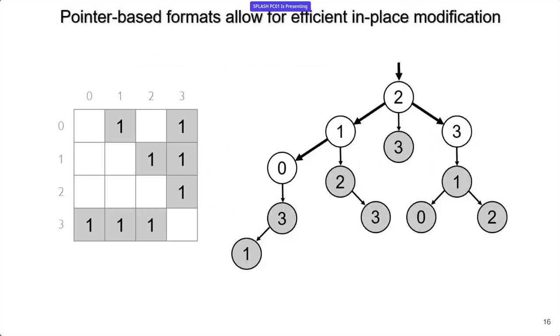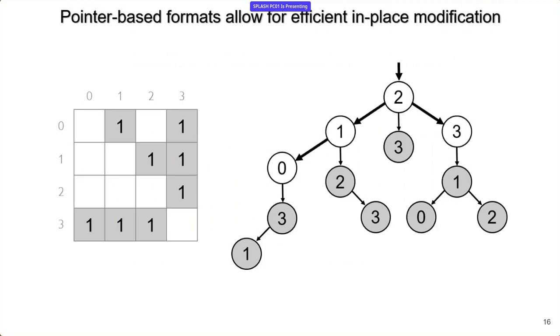So in this representation, instead of using arrays, how about if you use a pointer-based data structure? What we are showing here is one way of doing it, where the outer dimension is represented using a list, basically a binary search tree. And for each node of that, you have the inner dimension, another binary search tree, a bunch of binary search trees.